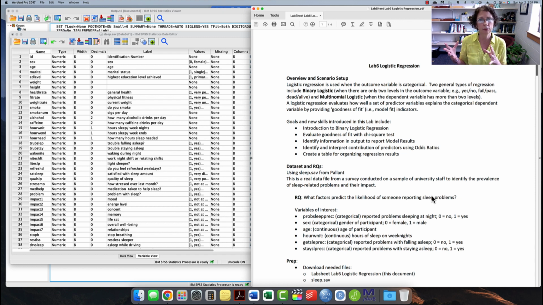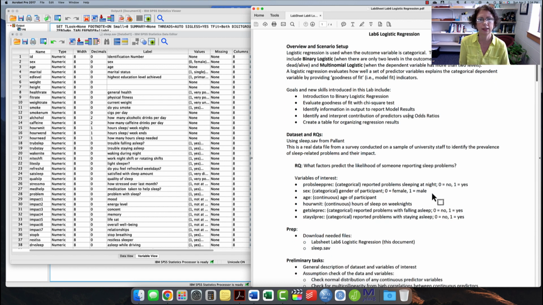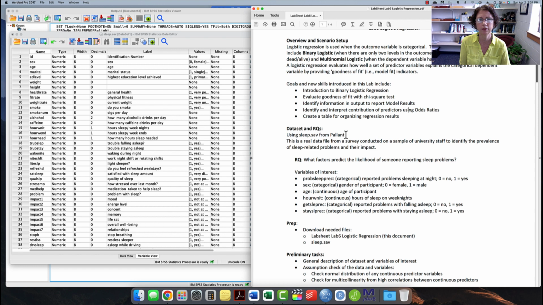One being no, that someone did not report problems with sleeping, and yes, someone did report problems with sleeping. We are using the sleep.sav file from Pallant, so from your SPSS Survival Guide book. And we are looking at what factors predict the likelihood of someone reporting sleep problems.